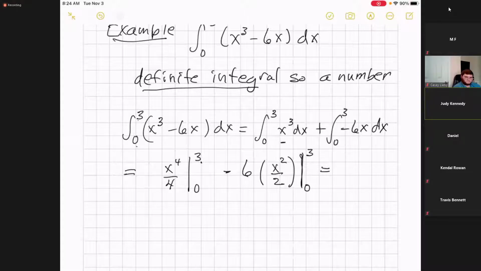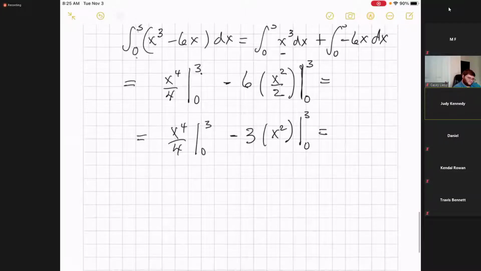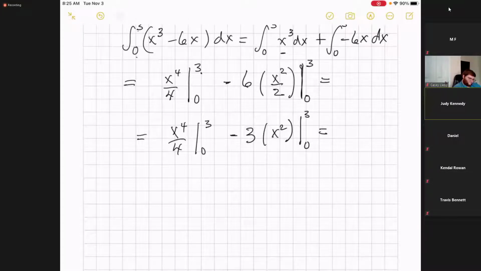So let me clean it up a little bit before I evaluate here. That's going to be -3, okay. And 3 to the 4th is 81. Let's just put this in first.